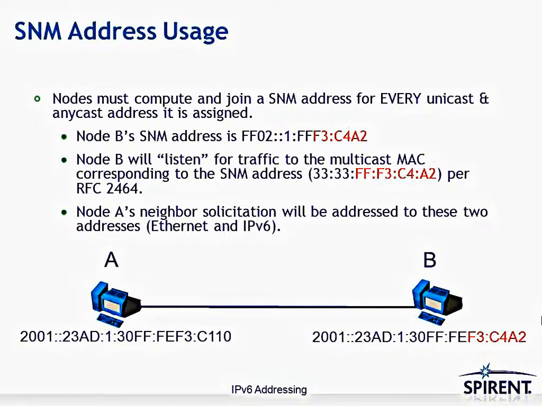The solicited node multicast address is a group that you will join, so your network interface card will be listening to that. That way I can send you a solicitation and be assured that you receive it, and maybe not only you, because there's a 1 in 16 million chance that another device will intercept it on the wire as well. But the good news is that maybe only one other device does, instead of every device, as was the case with broadcast in IPv4.